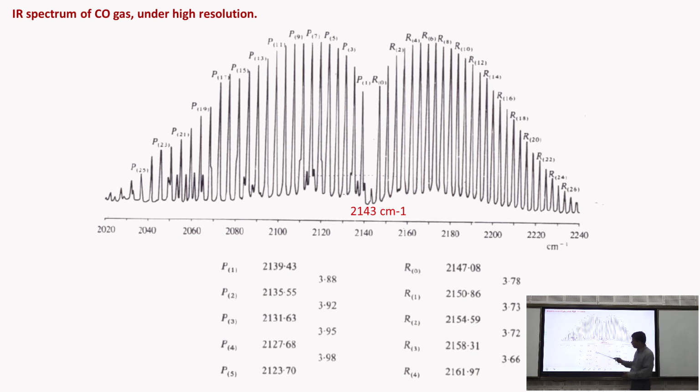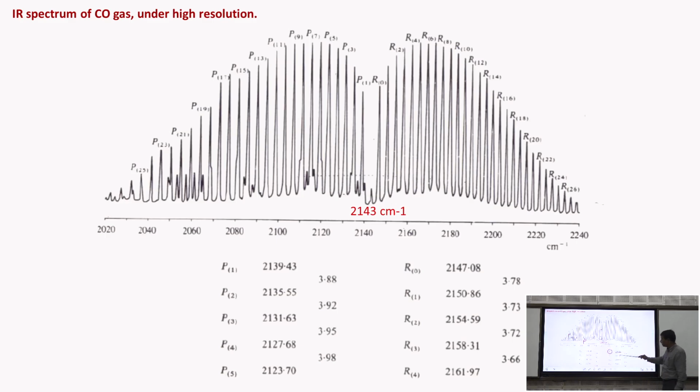The difference is increasing. Where is the difference increasing? In the P branch. Whatever the difference here is different from whatever the difference here, so it is not the same as 2B. Again, the problem is in the R branch. Let us see the R branch.